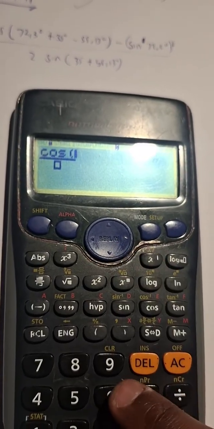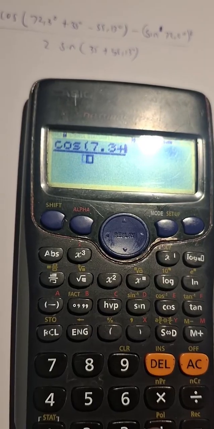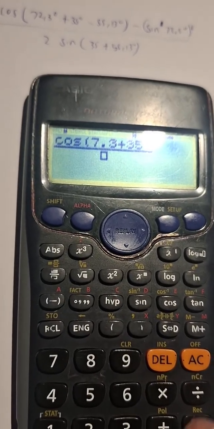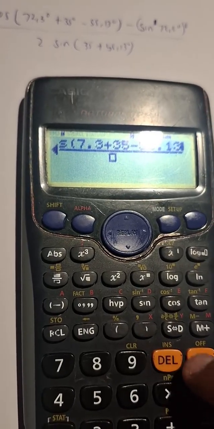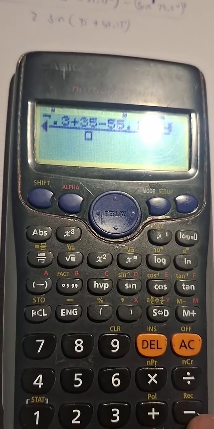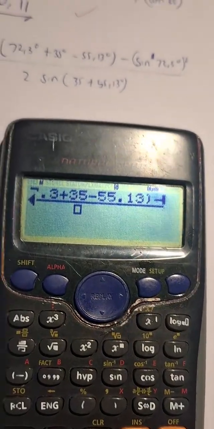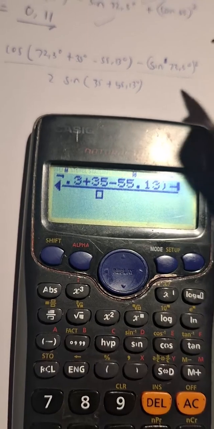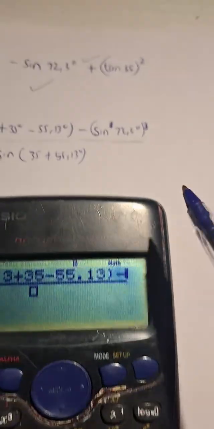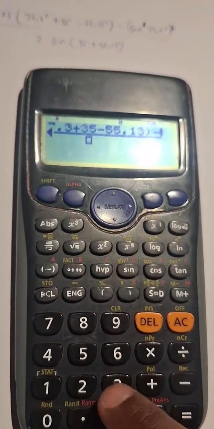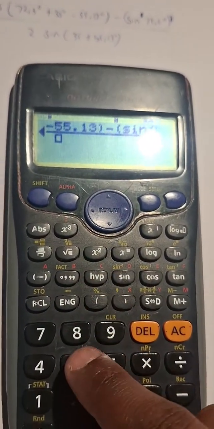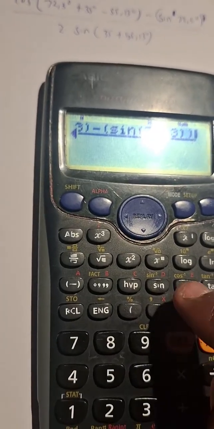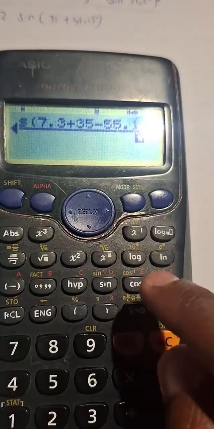So that's cos bracket 72.3 plus 35 minus 55.13, close the bracket, minus, then because I know that that is a cubed, I'm going to say sine 72.3, the whole thing cubed: sine 72.3, close the bracket, open the cubed on the outside, to the power 3, over.